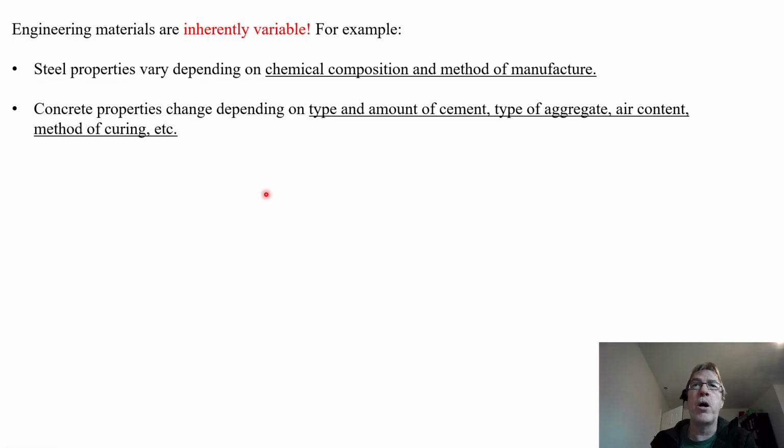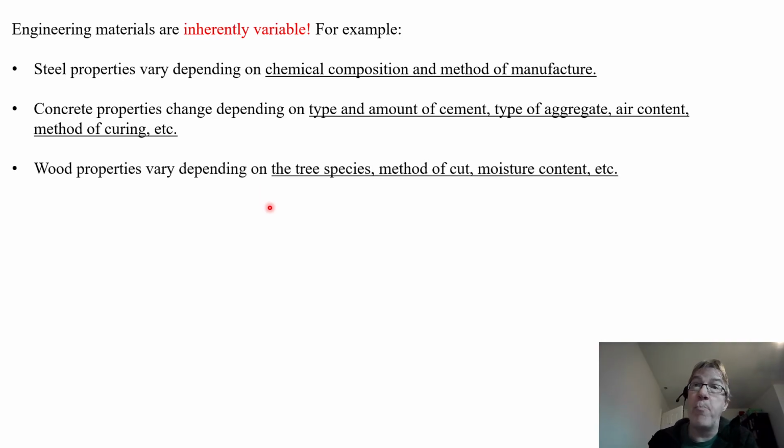Concrete properties change depending upon the amount of cement, type of aggregate, air content, and so forth, and obviously method of curing as well. Wood properties vary depending upon tree species, method of cutting, moisture content, and a whole lot more.